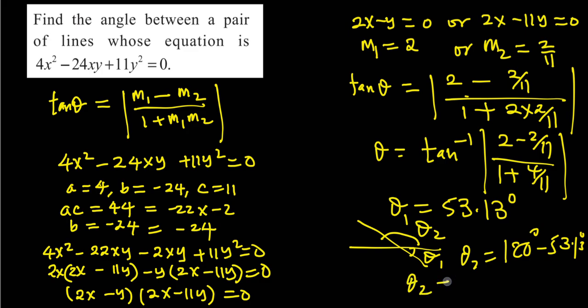So the second angle, if you take 180 minus that one, is 126.87. And these will be our angles between the two lines.